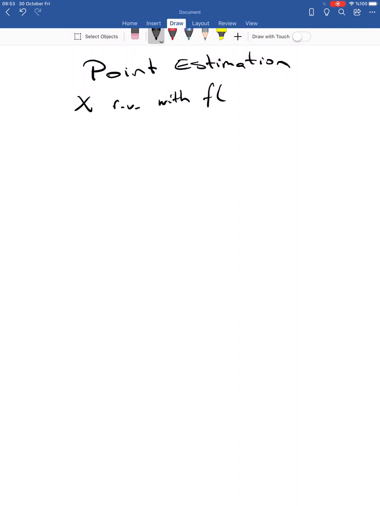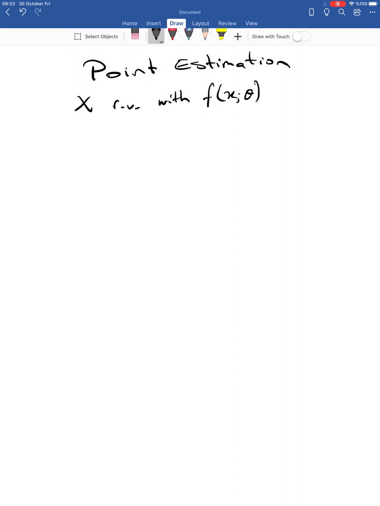Point estimation. Okay. So in the point estimation, we assume that we have a random variable, and we know its PDF form or PMF form.